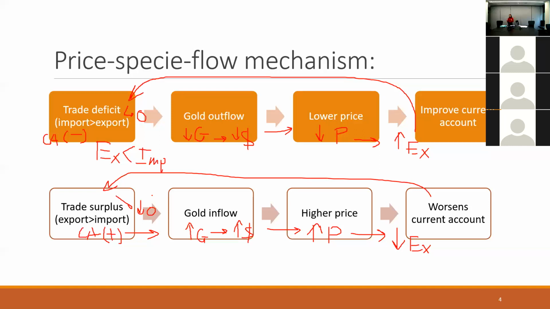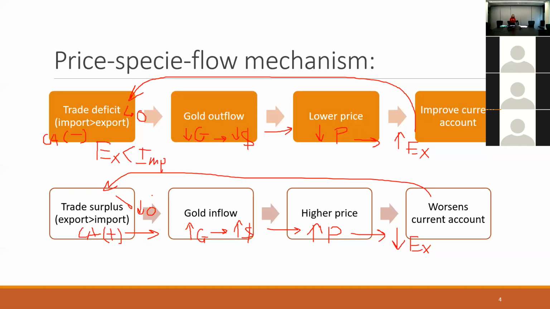So it will hit my exports eventually. So this mechanism makes the regime very stable, but at the same time, it's very limiting for countries to grow, right? So when I want to grow more, when I want to export more, eventually I will be punished because of the inflow of gold. Okay.